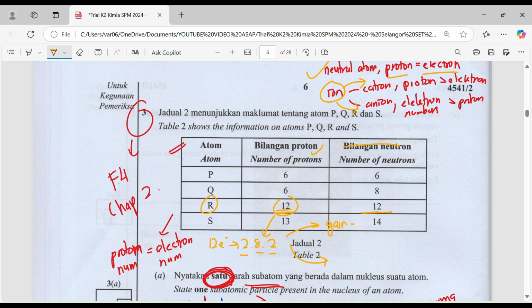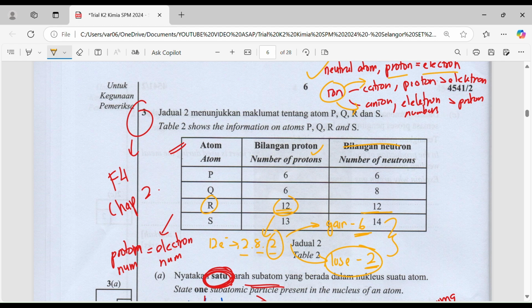One, it will gain another 6 electrons, or it will lose its valence electrons to achieve a stable octet electron configuration. In this case, which is easier? Gain another 6 more or lose 2?